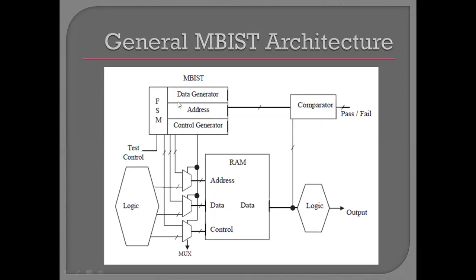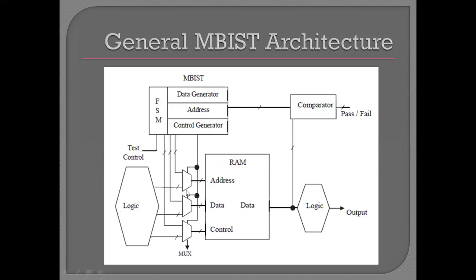The data generator is responsible for generating the pattern of all ones of n bits. That sequence is given by the data generator. The control generator is primarily responsible for controlling the read and write operations, typically in the context of the March algorithm used for the memory BIST.